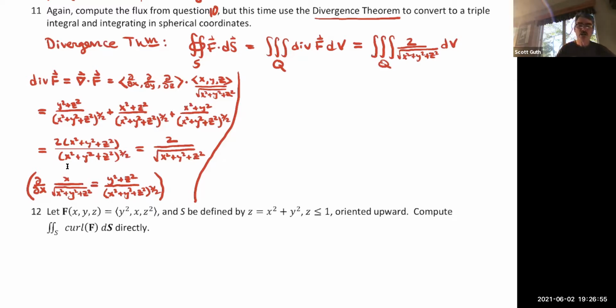Okay, now going into spherical coordinates, the integral is just 2 over rho, because this denominator is rho. And of course, this dV is rho squared sine phi d rho d phi d theta.